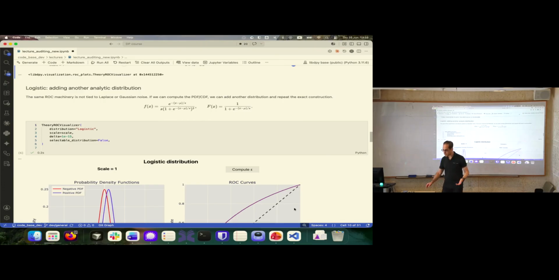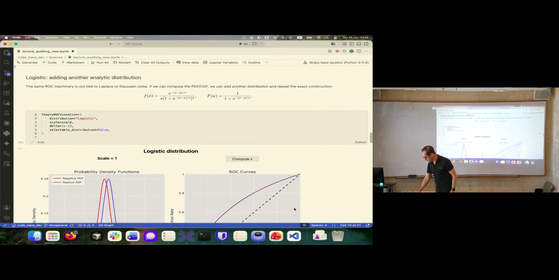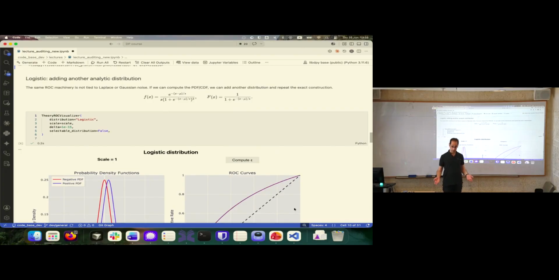And we can ask again, what happens if I add logistic noise? Now, if I want to really make a claim, well, we know what we do. We write explicitly the log probability ratio, right? The ratio of this for neighboring data sets, which will be, let's say, 0 and 1. I have an expression, I take the log, I have something, I can bound it, whatever. There is some privacy analysis here.